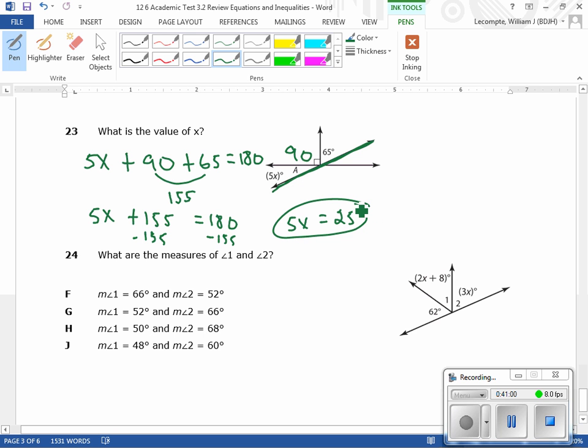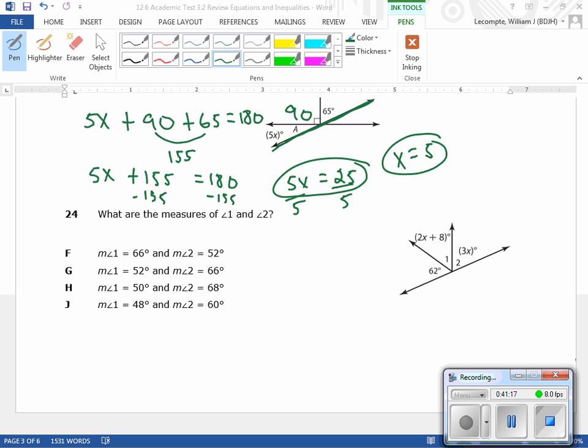All right. Last question, what are the measures of angle 1 and 2? Well, we're going to do the same thing. We're going to say that 62 plus 2x plus 8 plus 3x is equal to 180. I'm going to add like terms, so I'm going to add the 62 and the 8.